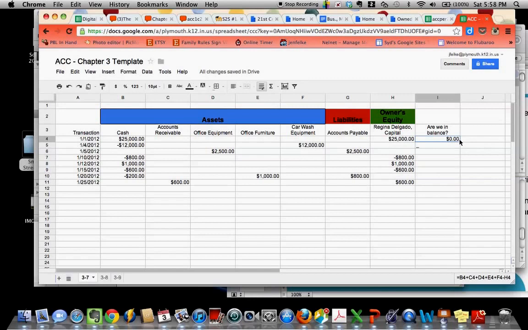If you drag your cursor there, you can copy down. If we're in balance, they should be 0 all the way across. Let's see why that one didn't end up being. We got to subtract.